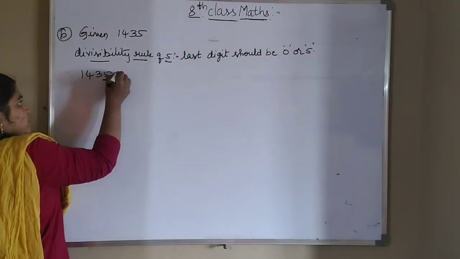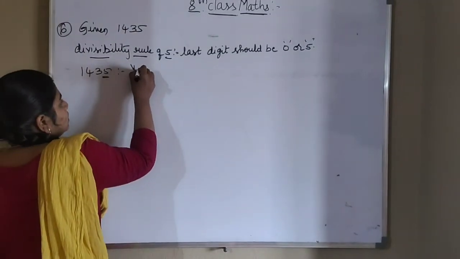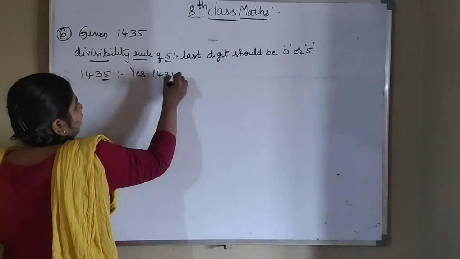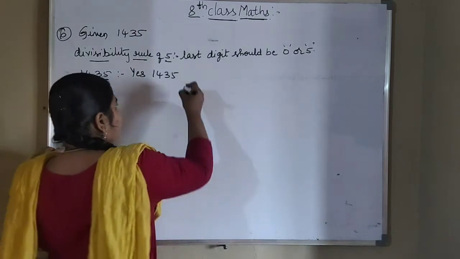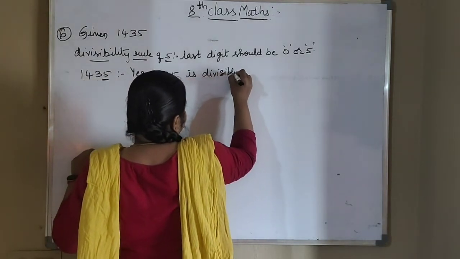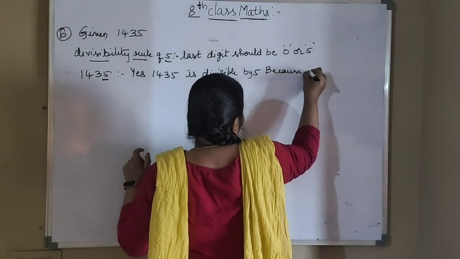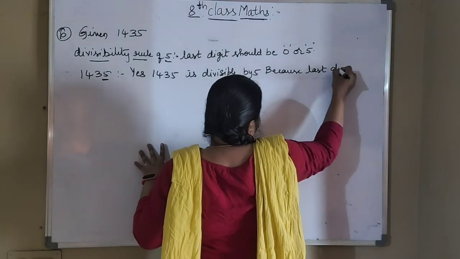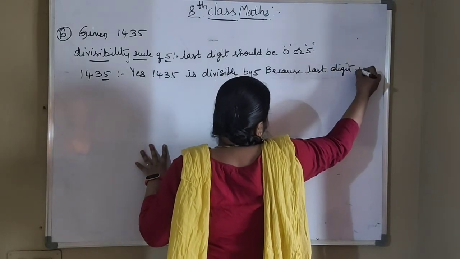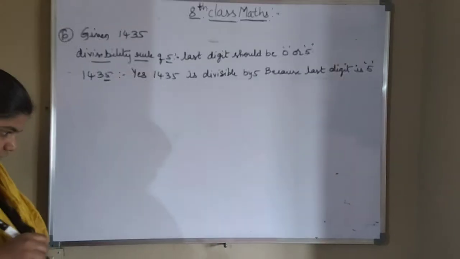What is the last digit? 5, that means it will be divisible. So yes, 1435 is divisible by 5 because the last digit is 5. Now we have to check for 7.